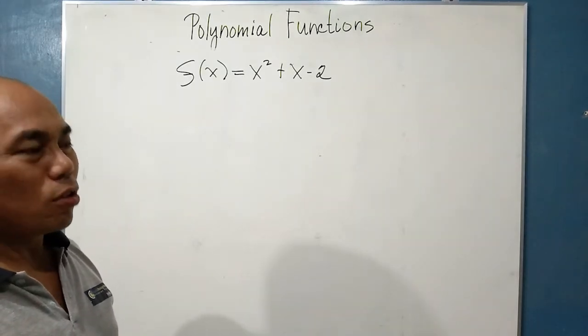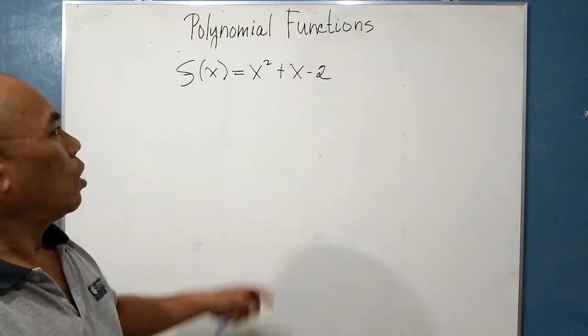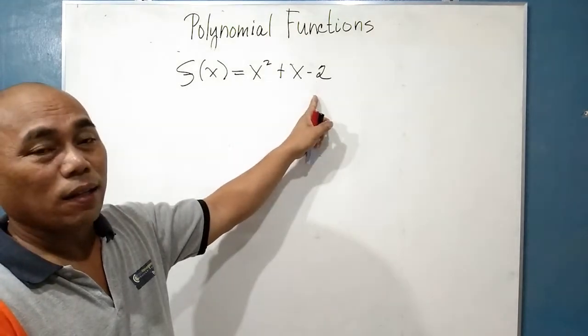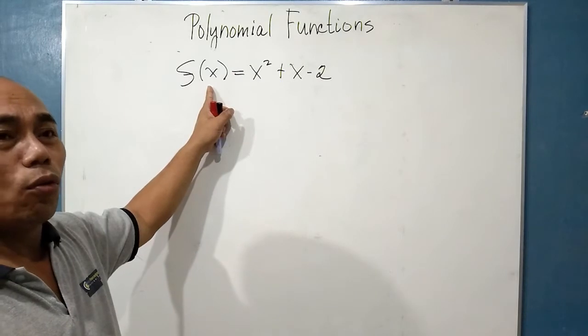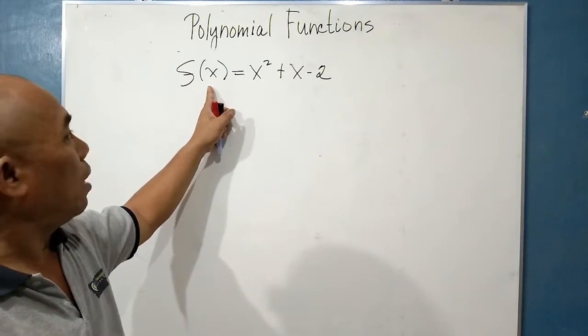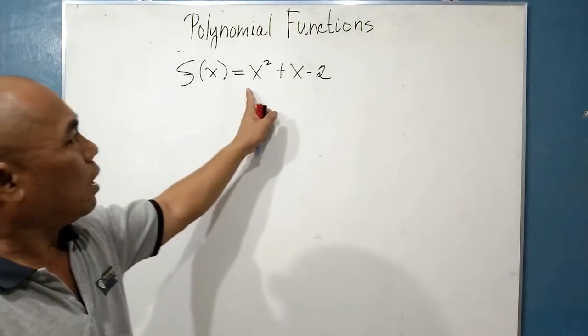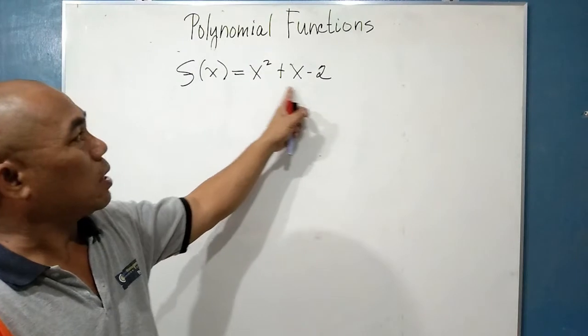Kung sa itong zeros, these are the x values nga muhatag og 0 dire. Okay? If the x value, kung pulian na to og lain nga real number, it could be possible also nga dili equal siya dire. Dili equal sa 0 ang mugawas dire.